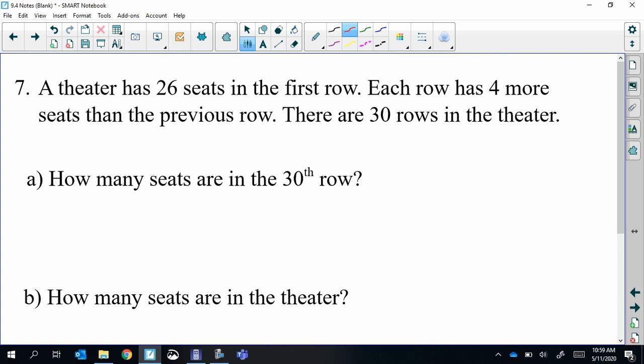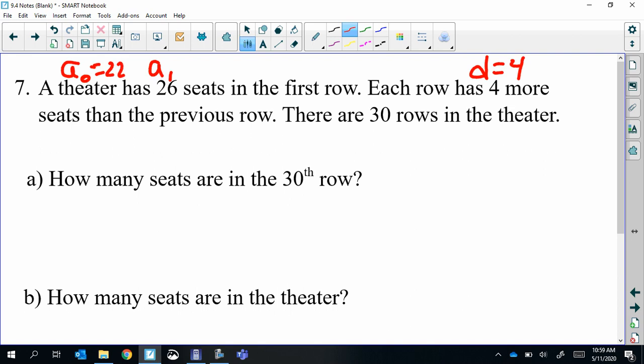So how many seats are in the 30th row? Each row has 4 more than the previous, so that means d is 4. And it says that there's 26 in the first row, which means that would be our first number. If we wanted to know the number before that, if there was a row in front of that, it would have 4 fewer seats, so that would be 22 seats.